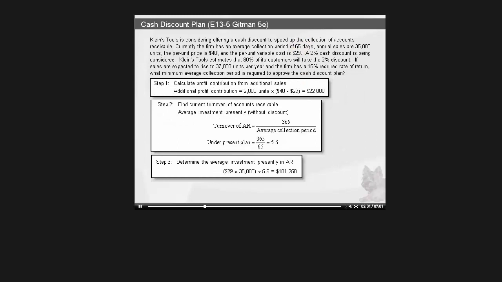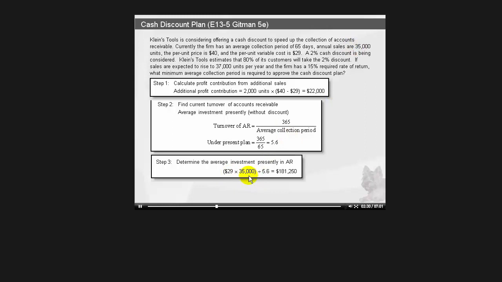Okay, now I've moved some of the steps around a little bit so that we can concentrate on step 3 while we still have the answers that we needed in steps 1 and 2. Step 3 says determine the average investment presently in accounts receivable. So we know the per unit variable cost is $29. The current level of sales, given here in the problem, is 35,000.